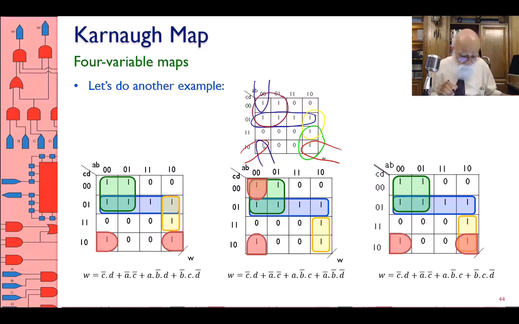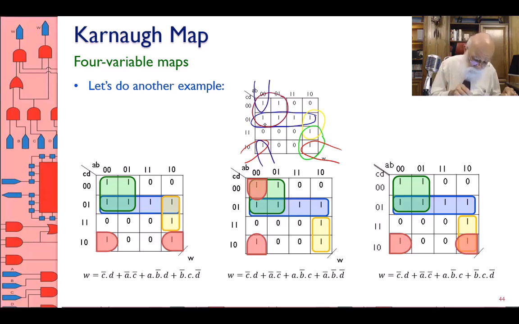The blue covers the other one of it. But there are no ones not covered by any other prime implicant. Okay, let's not beat around the bush. Let's go down to the point. How about the blue one?